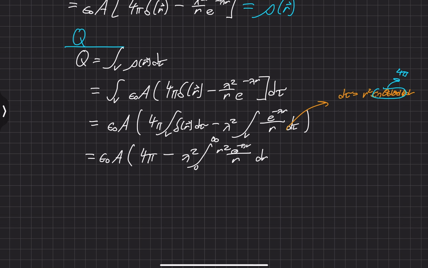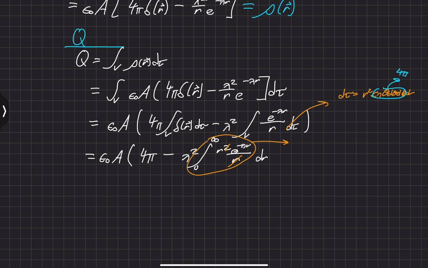And so of course you can cancel out those r's, and all that's left is the integral from 0 to infinity of r times e to the negative lambda r dr. That's an integral that you'll see often in problem solving methods type classes, that you'll forget just like me until you start working through it.